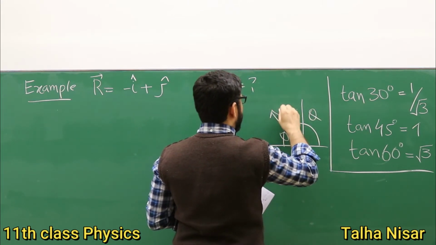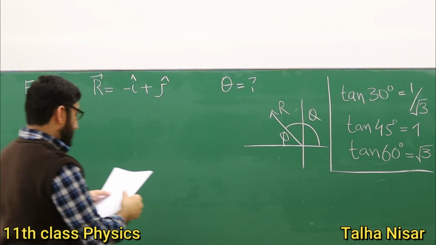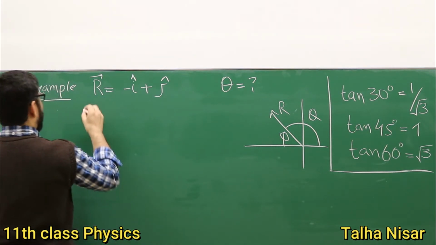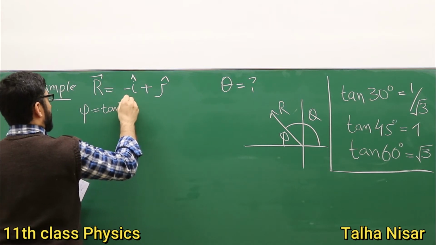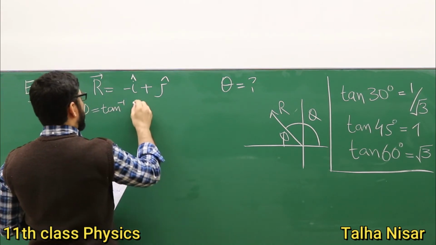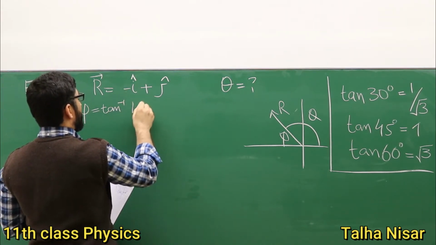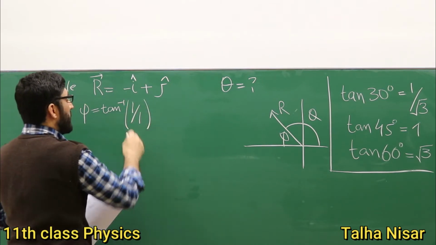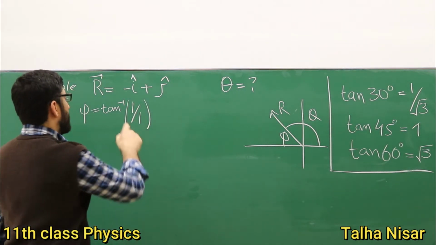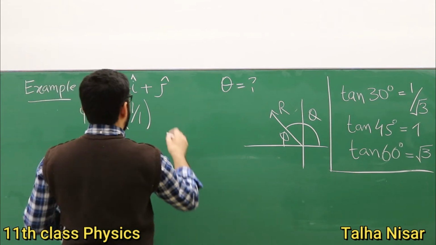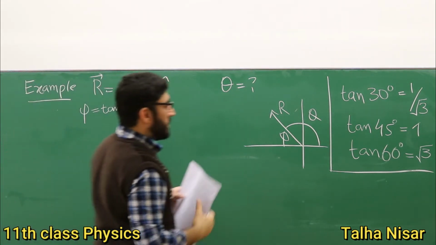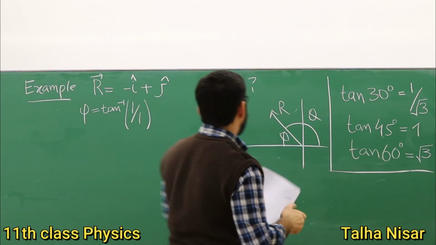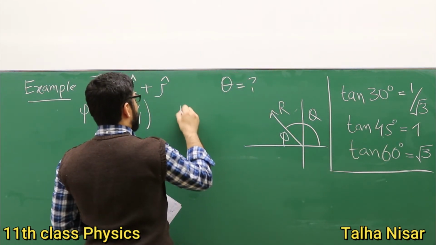So phi is equal to tangent inverse of 1 by 1, as we said we ignore the sign and just take the magnitude. This tangent is 1, so we just compare it here.